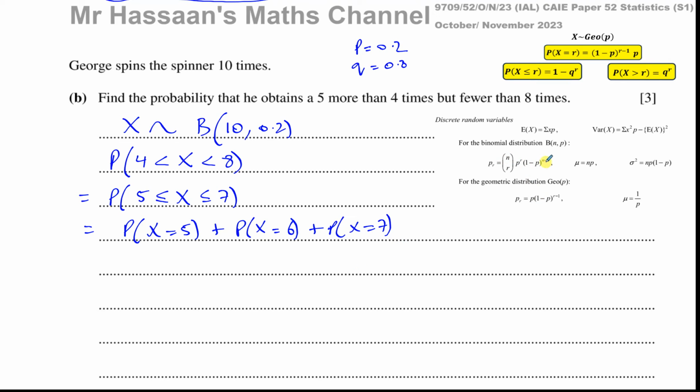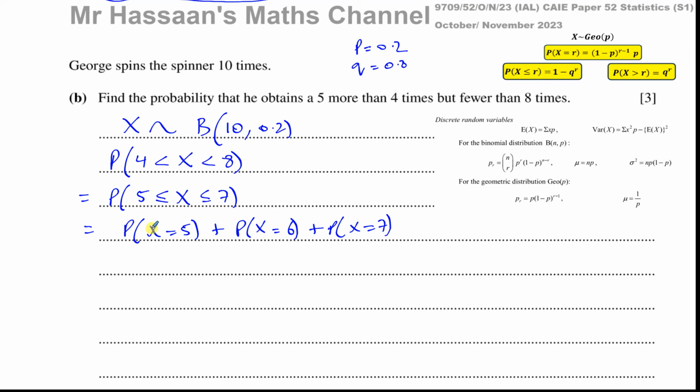Okay, and for binomial distributions, this is the formula over here: the probability that the spinner lands on the 5, 5 times, is going to be more than 4 times and less than 8 times.